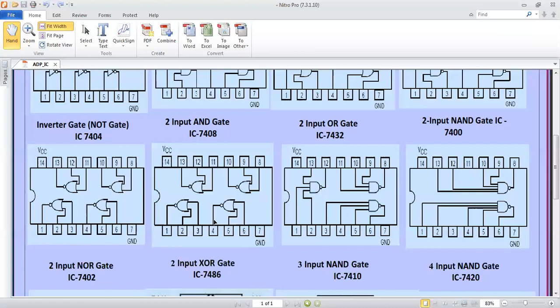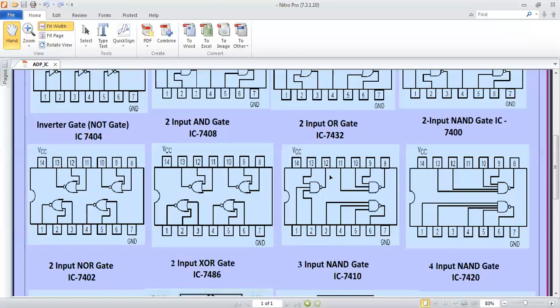Now same way, next IC, that is NAND gate IC. Now here we are going to learn the 3 input NAND IC, so the construction is different. 1 2 number pin input and 13 number pin input and 12 number pin output.